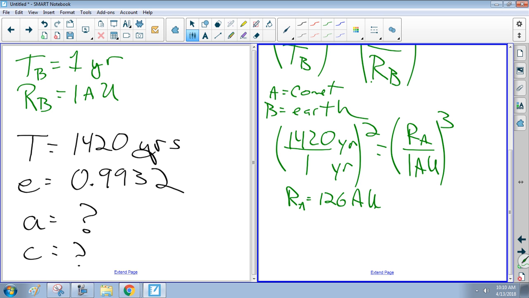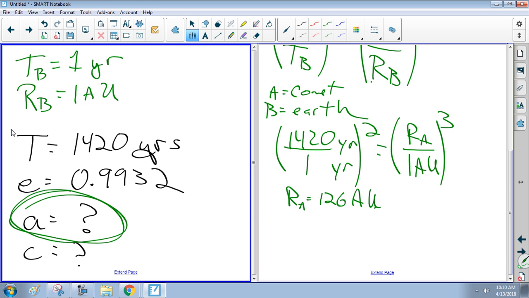Does that make sense? What that's telling us is that the average orbit radius, i.e. the semi-major axis, is 126 AUs. So whatever the Earth's orbit radius is, the comet's is 126 times bigger. Follow?